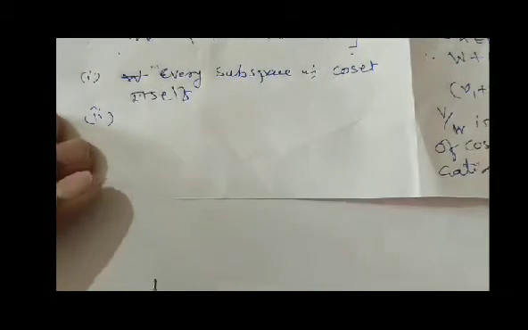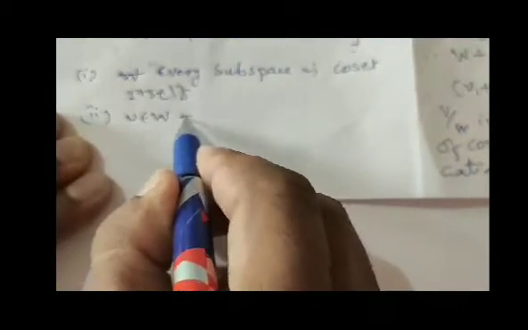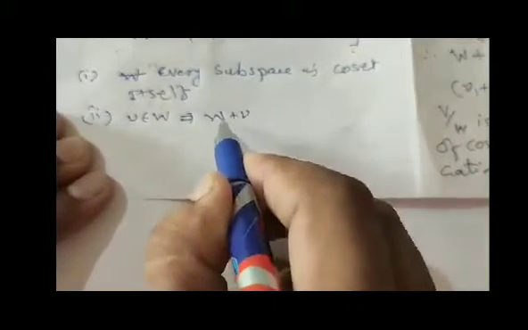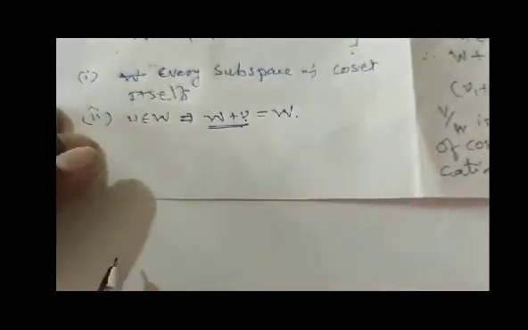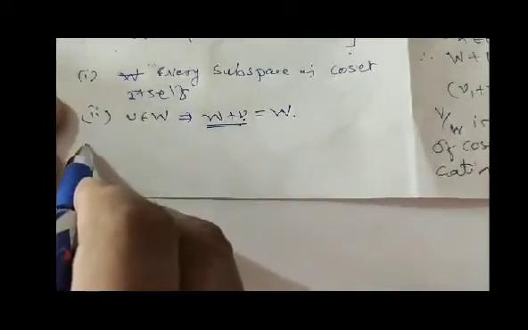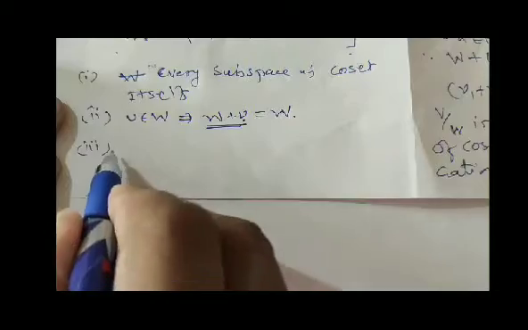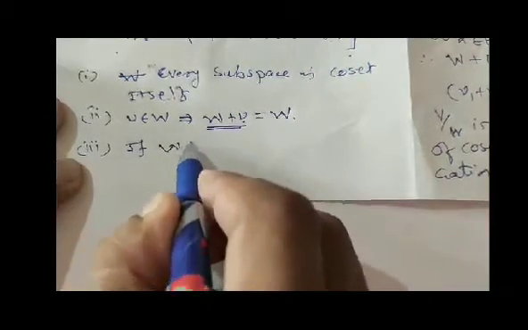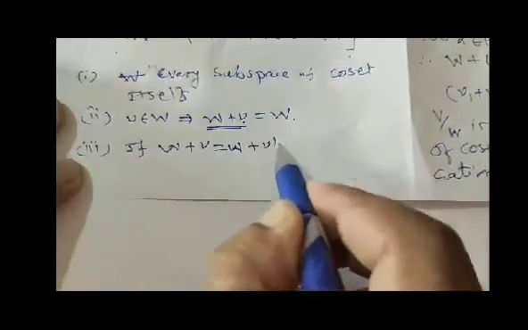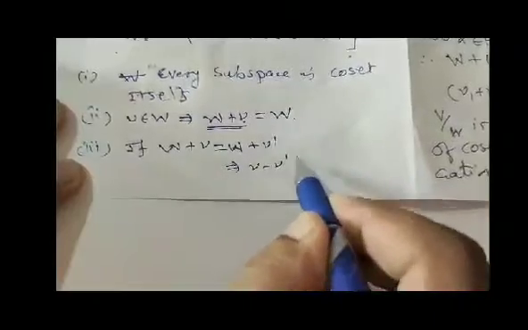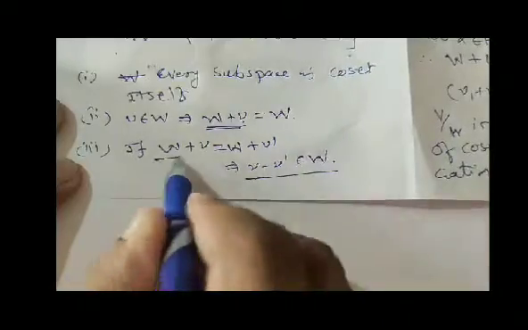Second is, if nu belongs to W, then W plus nu, the right coset generated by nu, is nothing but W. And the third thing is that if two cosets are equal, then nu minus nu dash belongs to W. And if nu minus nu dash belongs to W, then this condition is satisfied.